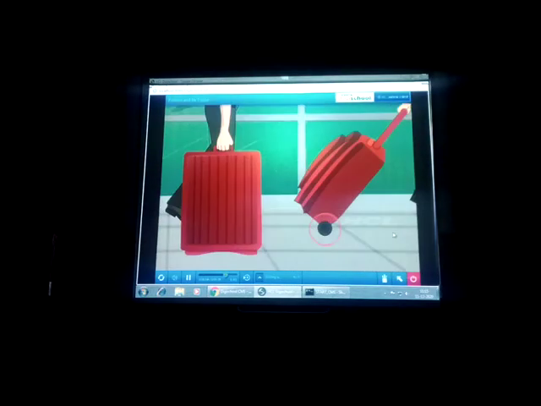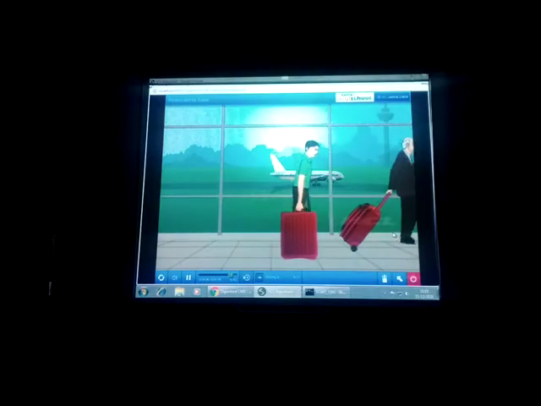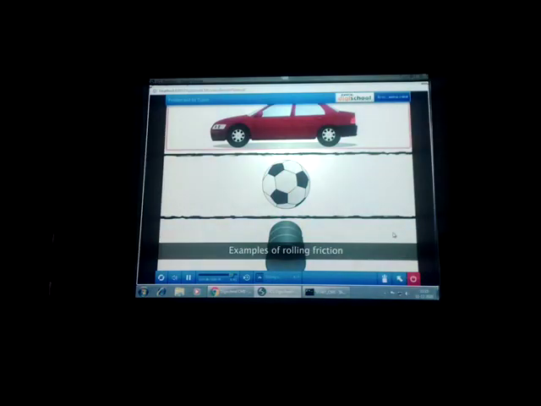When you roll an object, the surface area in contact with the floor is much less than the surface area in contact with the floor while sliding the object. Vehicles, a ball rolling on the ground, and a drum being rolled are a few examples of rolling friction.